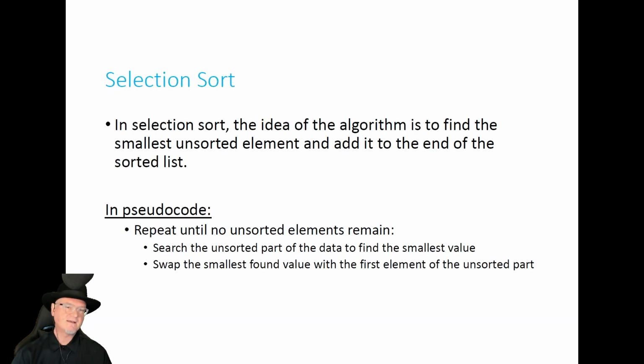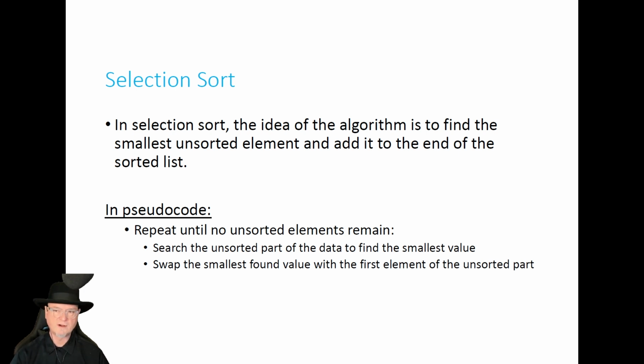Now, the idea of selection sort is that you've got an array, and you want to sort, let's say, the integers in it in numerical order, small ones on the left up to the largest one on the right.